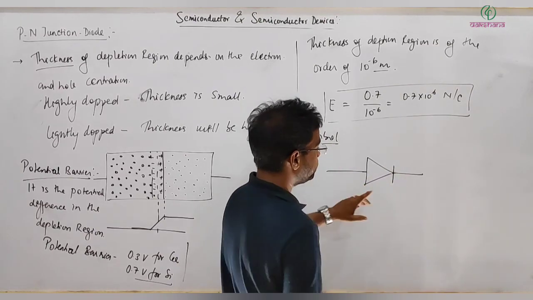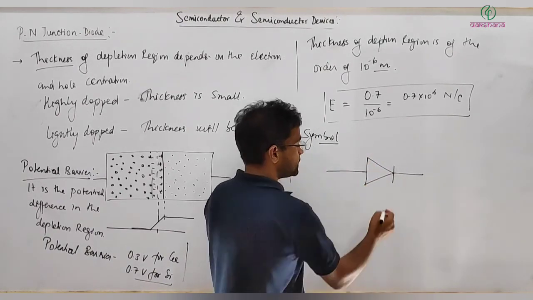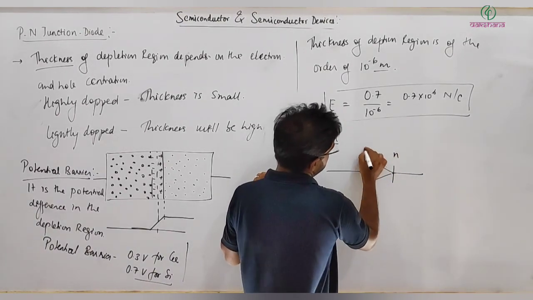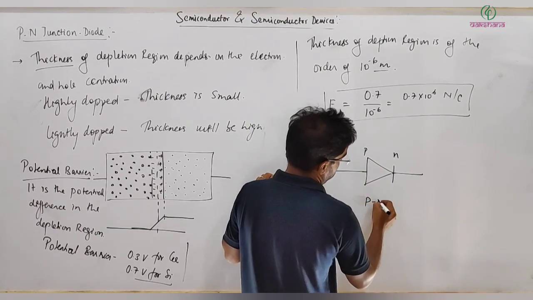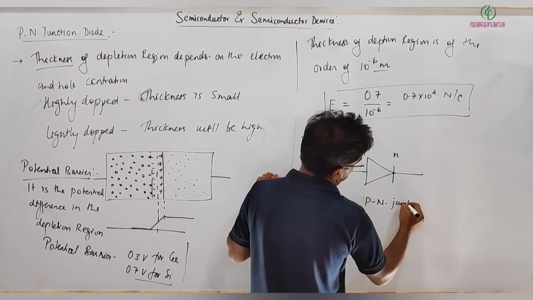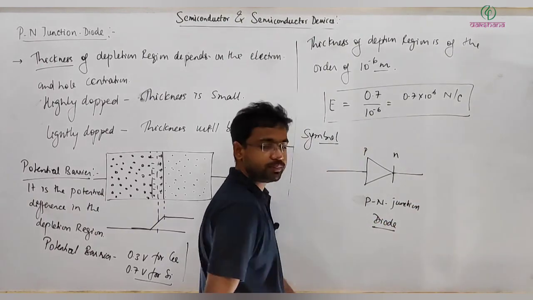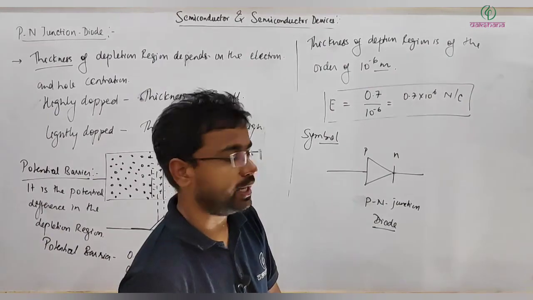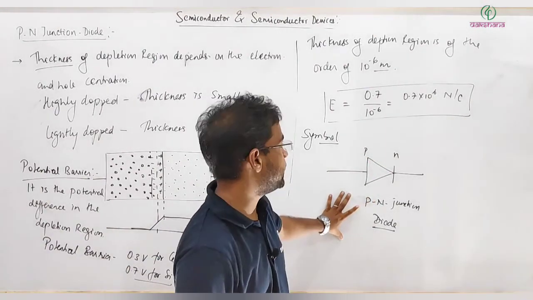And here this arrow is pointed, this shows the N side and this is the P side. This is a PN junction. This is also called a PN junction or simply a junction diode or diode. So this is the symbol of a PN junction diode.